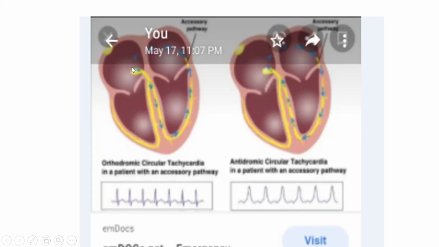So it's using the AV node, the bundle of His, and its fibers to conduct through the ventricles. So that means that the QRS you're going to generate will be a narrow complex QRS. So that is why they call it a concealed pathway, because the QRS is narrow. So you're not going to see the delta waves and things like that.